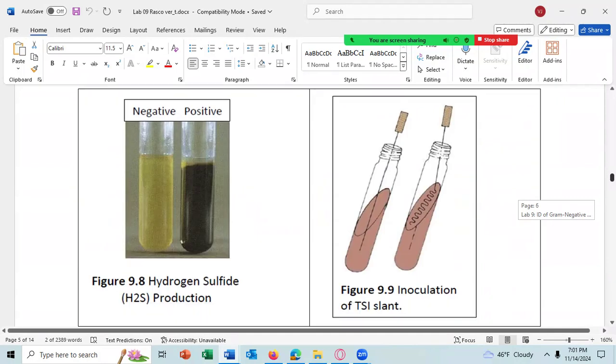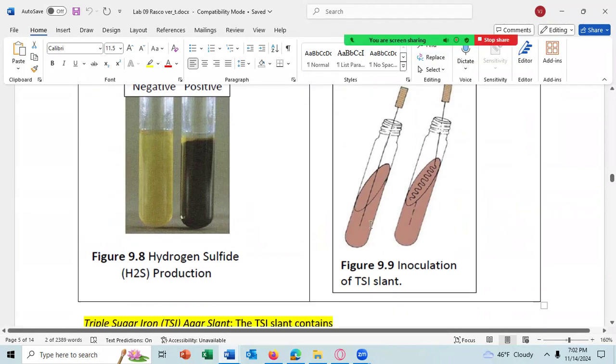You can use this to look for the production of hydrogen sulfide, but you can also look at the growth anaerobically, that's down in the tube, or aerobically on the slant of the tube, and then look at the fermentation of sugars on both the slant and in the bottom of the tube.